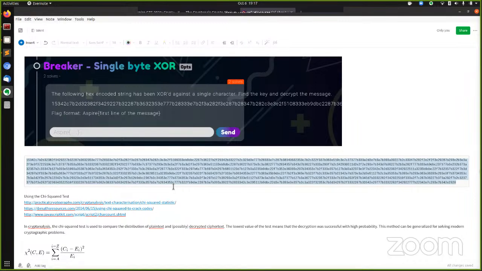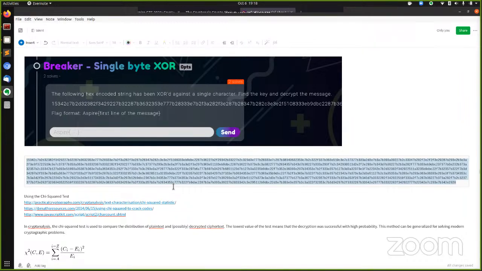So consider the comparison between consecutive characters. If I XOR A with a single byte, what we get is a new byte. If I XOR B with the same key, which is a single byte, I should get a different ciphertext byte. But the two will be related because A and B are closely related. They only differ by one bit.